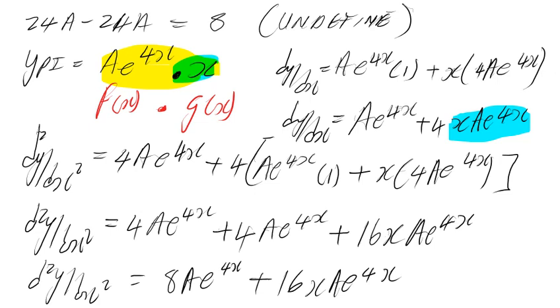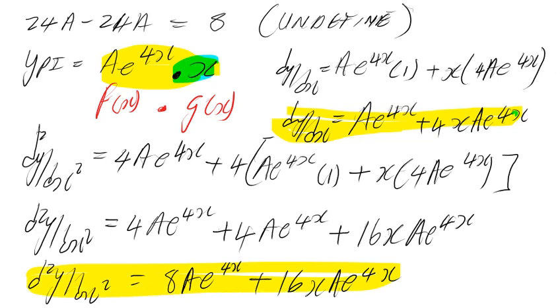Therefore, we're going to have to go back to the original equation and substitute these values. So we're going to use our new dy over dx and d squared y over dx squared. This is our dy over dx, our first derivative, and this is our second derivative of y. So let's go and combine them.